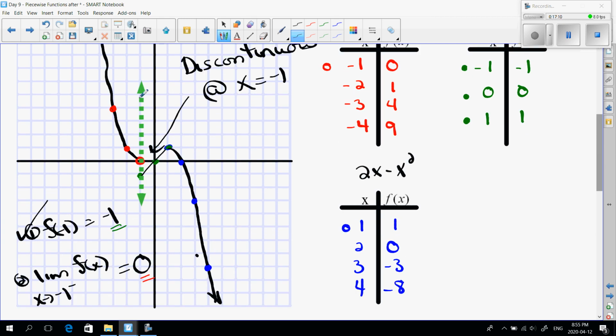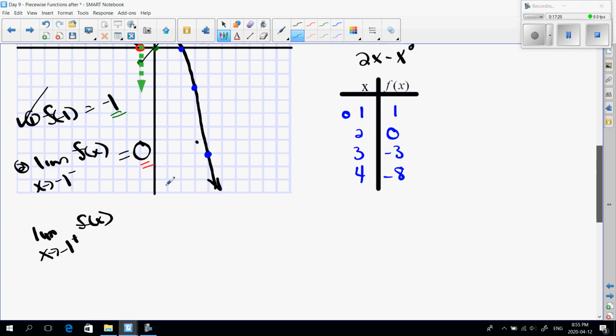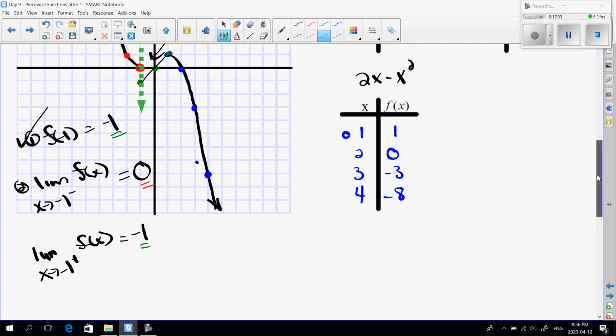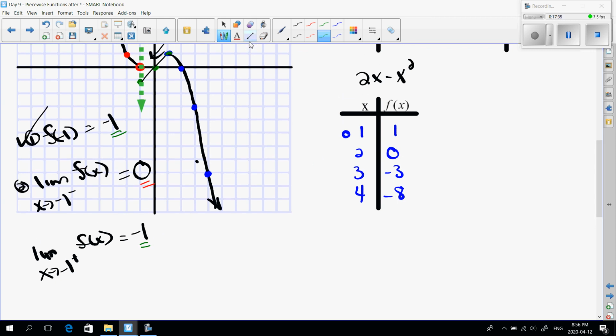This is where x equals -1, but this time I'm approaching from the right side, which would be the blue portion, then the green portion. What height do I arrive at when I hit the fence or I hit this line? I arrived at a height of -1. Okay, I was on that green portion of the curve. Does the left-hand limit and right-hand limit equal one another? Does 0 equal -1? No.